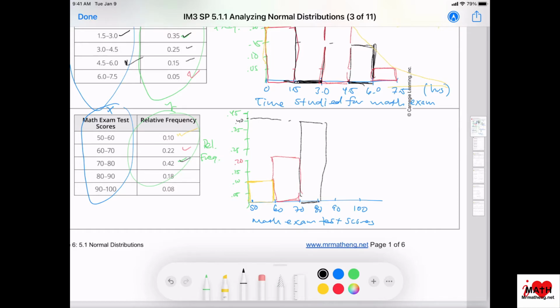Which means the bar is as high as 0.42. 0.18. I forgot to. And you can kind of see my bar here is not the same size as the other ones. So I didn't do a great job there. And the last one, 0.08.